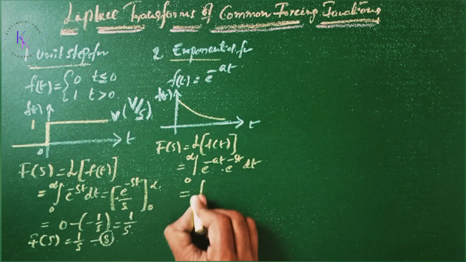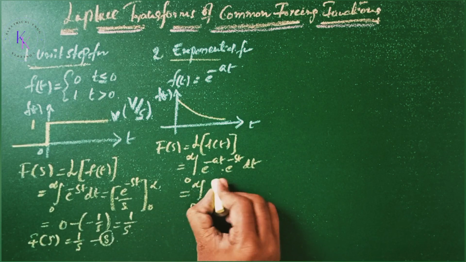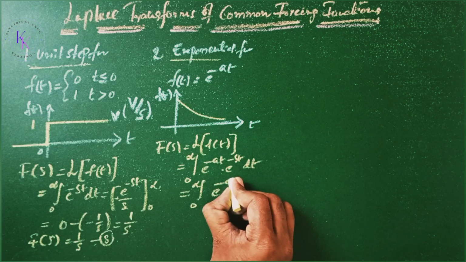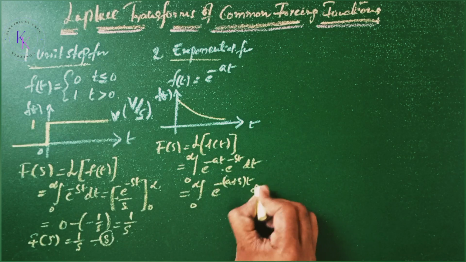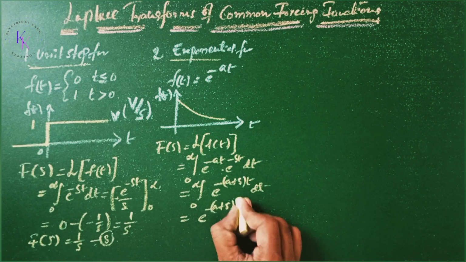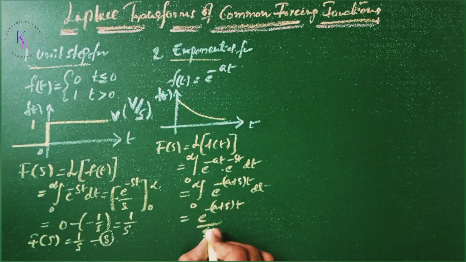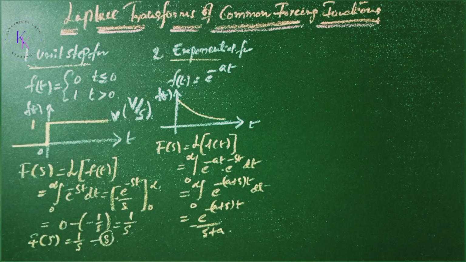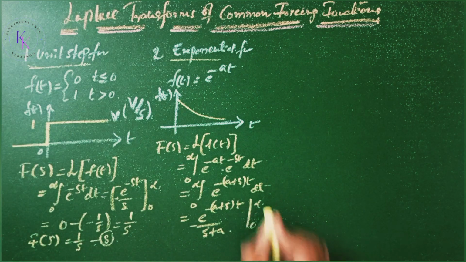Now these are two exponential functions, so the integral from 0 to infinity of e power minus (a plus s) t dt, and you are going to get e power minus (s plus a) t divided by minus (s plus a), for the limits 0 and infinity.